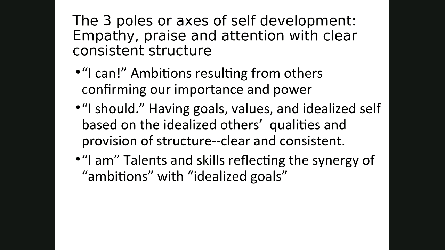And then the last one is I am. After feeling I can and I should, I have a sense of worth and a sense of purpose. And then there is the what do I do well, and how do I find myself in circles of people who value that, like that, so that I can continue to receive empathy, praise, attention in a reliable and consistent manner.